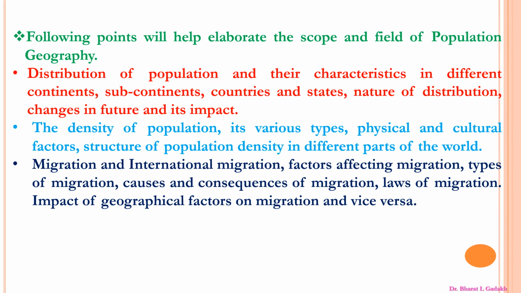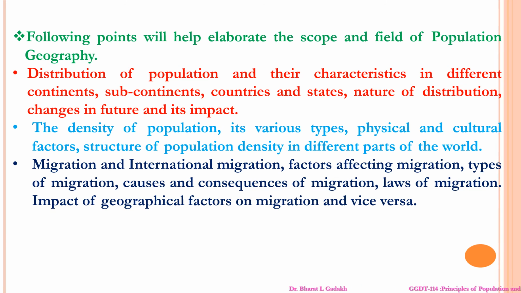Now, the next point is migration: migration and international migration, factors affecting migration, types of migration, causes and consequences of migration, laws of migration, and the impact of geographical factors on migration and vice versa. What is migration?